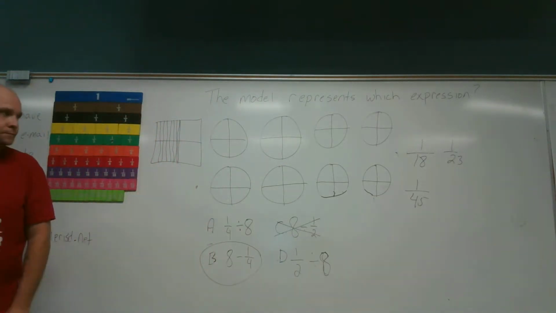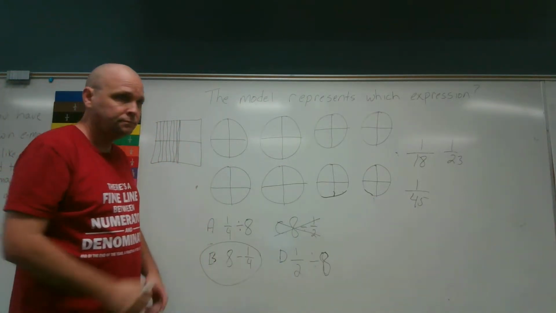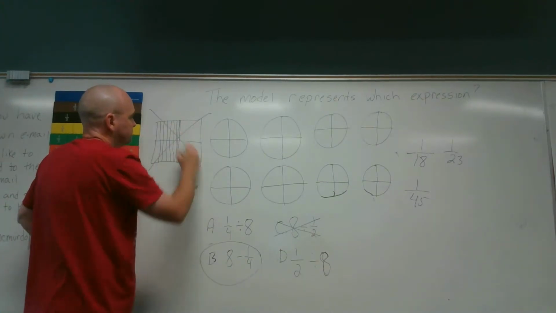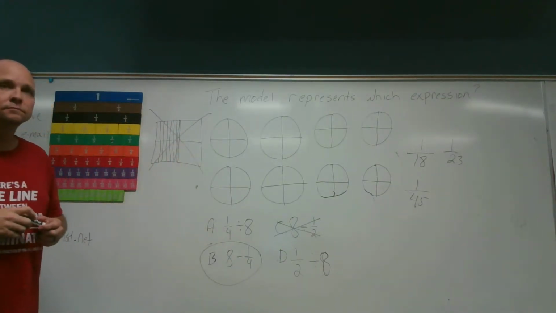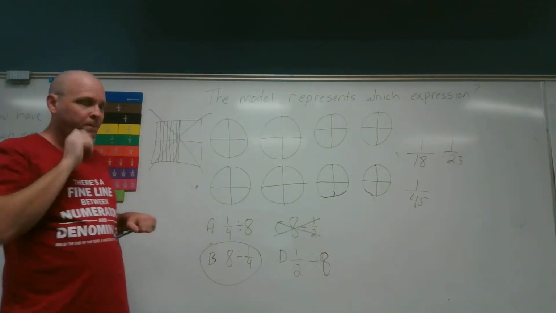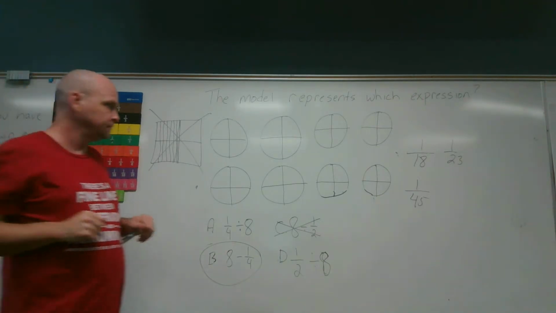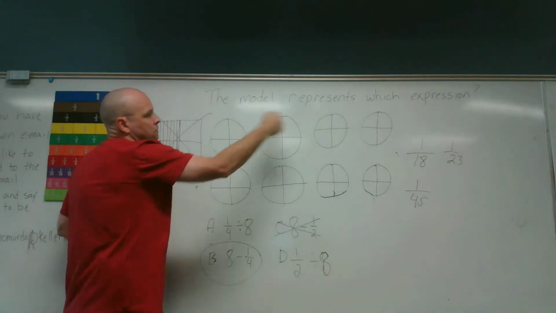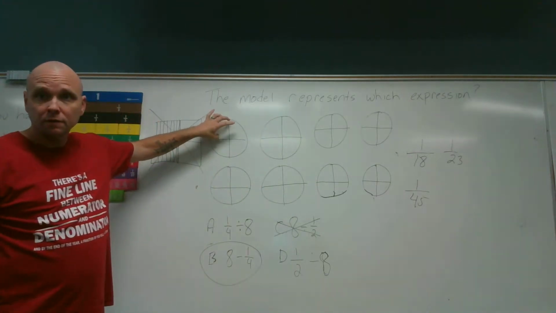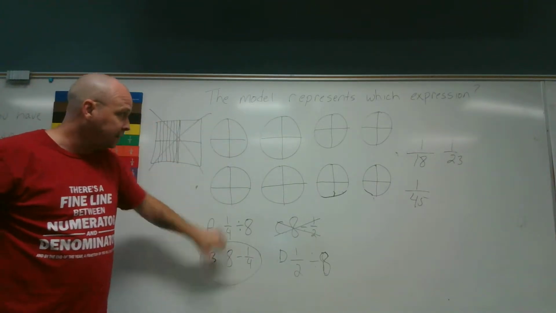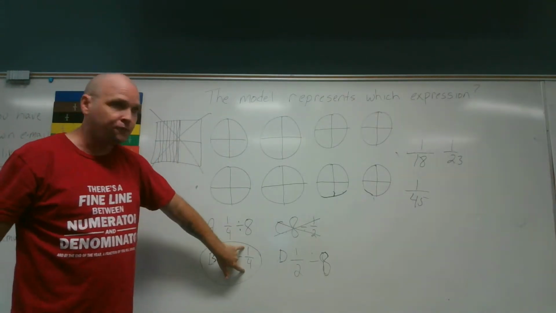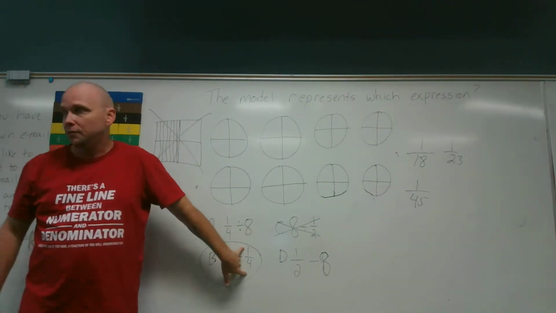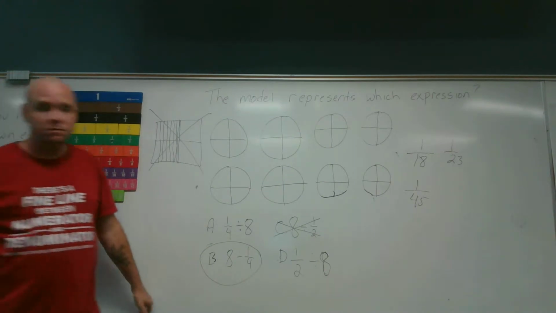Another way you can find that answer is by counting the parts in the circles and then seeing which divides into that. Yes. We could say there are 32 total fourths, because we're dividing the 8 circles into fourths.